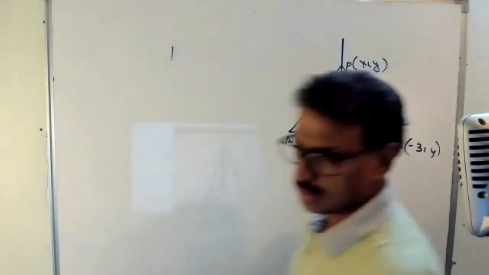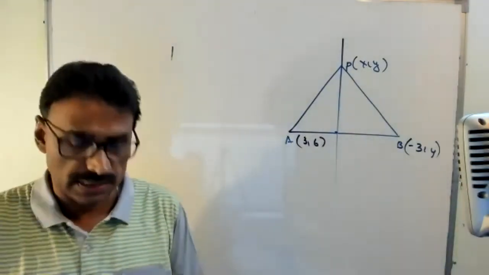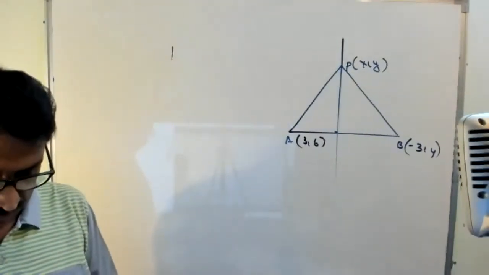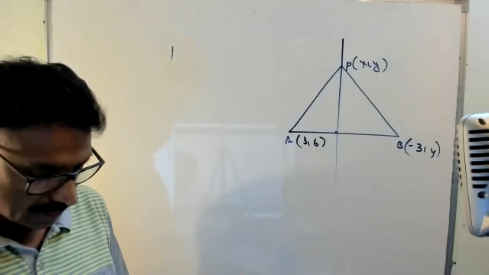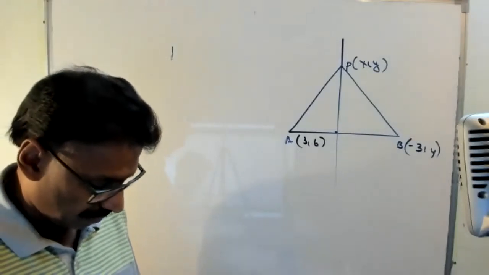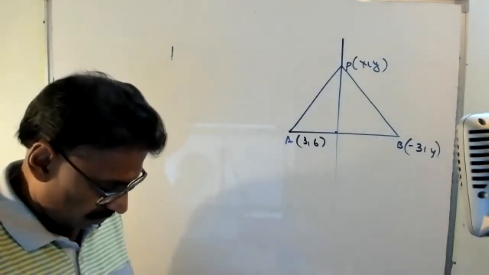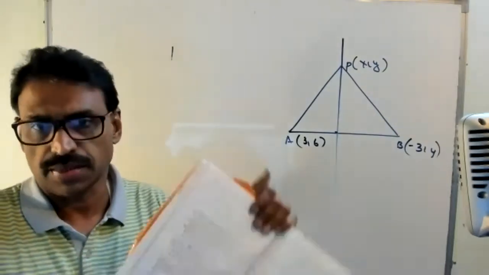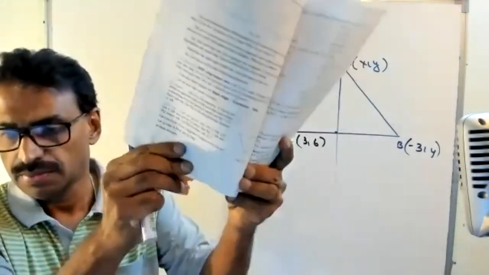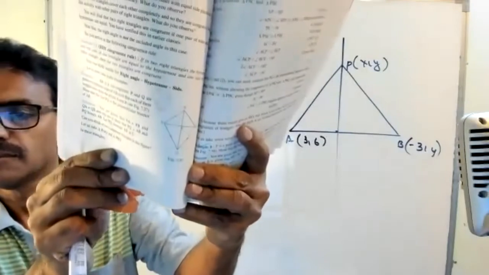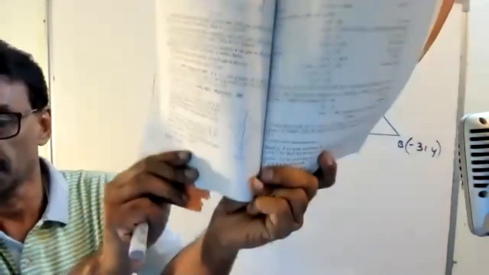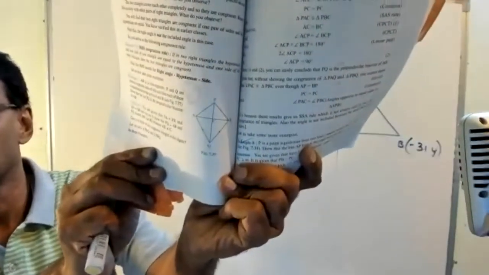I'm talking about last year's portions, last year example 7, I think, the triangle example 7 you did.